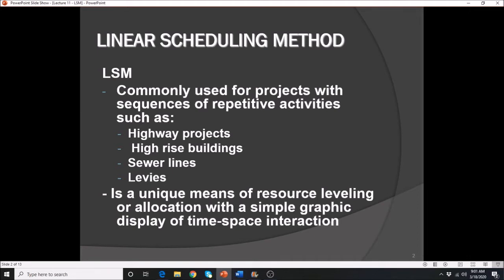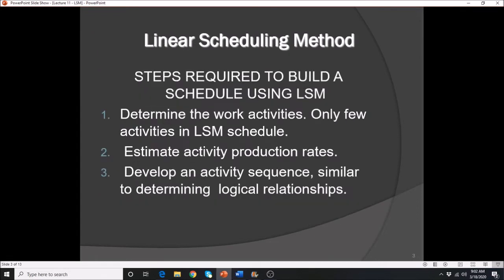Making use of the LSM, we will be able to identify which activities can create problems, because intersections of those lines give us an idea that there will be some sort of problem as those lines cross each other. That will prompt us as project engineers to make decisions later on.